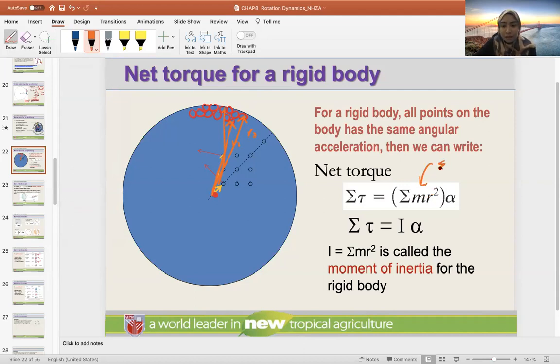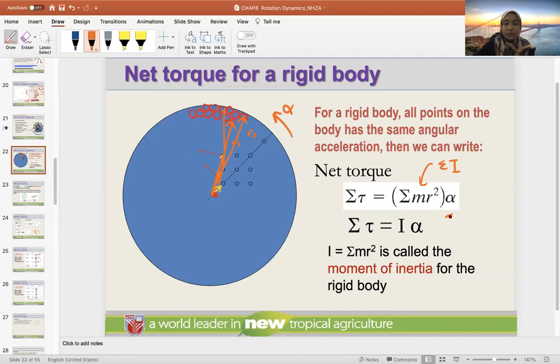This is I, net I. And then since if I'm rotating this stuff, everything moves at the same alpha. I can just say the alpha is constant for everyone, it's the same for everyone. And I have multiple beads, right? Multiple styrofoam beads. So I have to add all of these beads that is moving at a particular alpha.